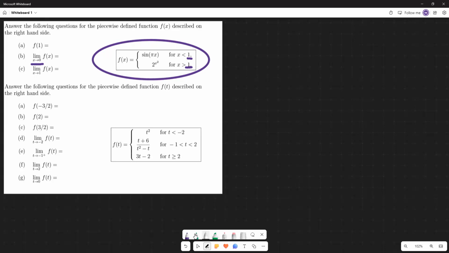Now let's look at this piecewise function here. This one has critical values -2, -1, and 2. Okay, so I'm going to draw my number line.